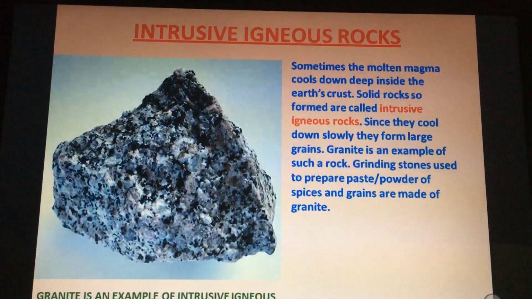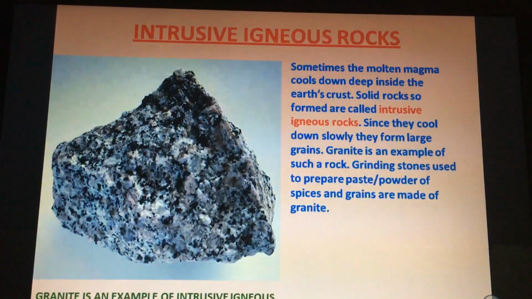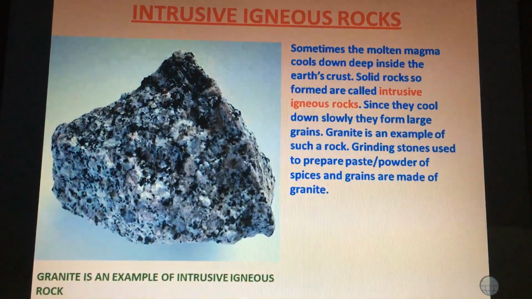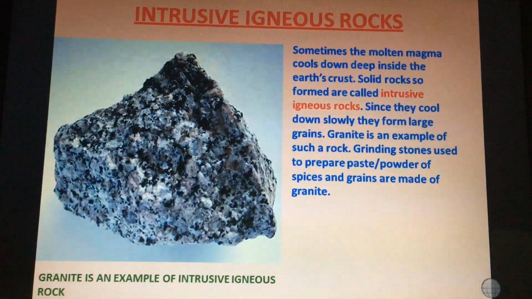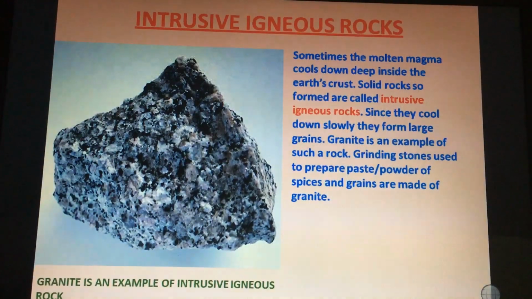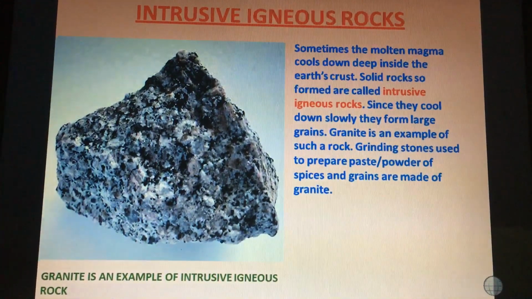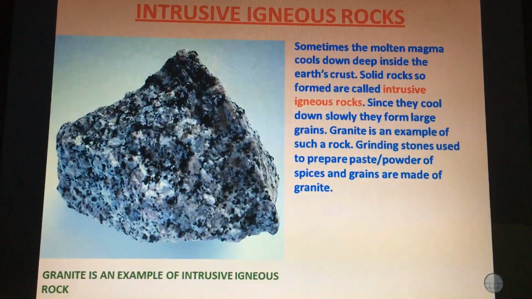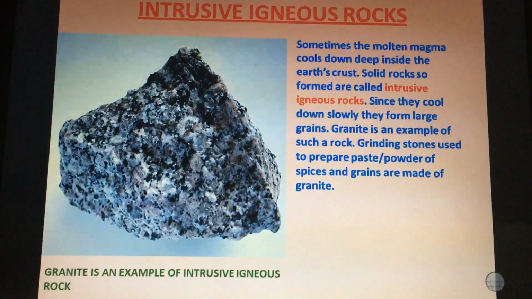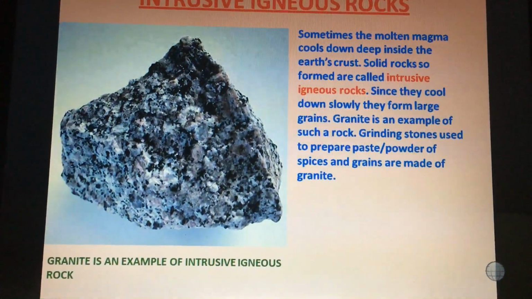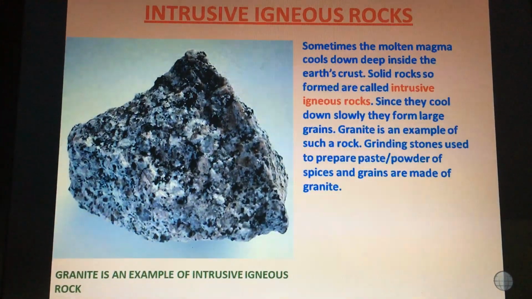Solid rocks so formed are called intrusive igneous rocks. Since they cool down slowly, they form large grains. Just like the picture you have seen, granite is an example of such a rock. It's very costly as well. Grinding stones used to prepare paste and powder of spices and grains are made of granite. So these are some of the facts.